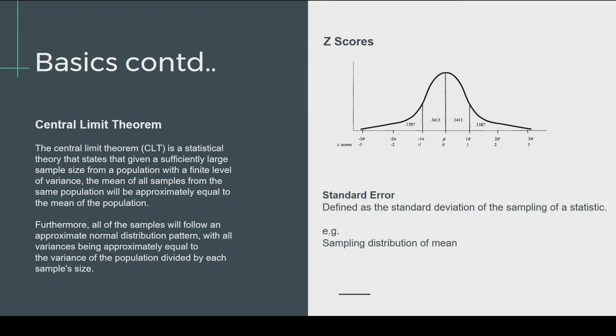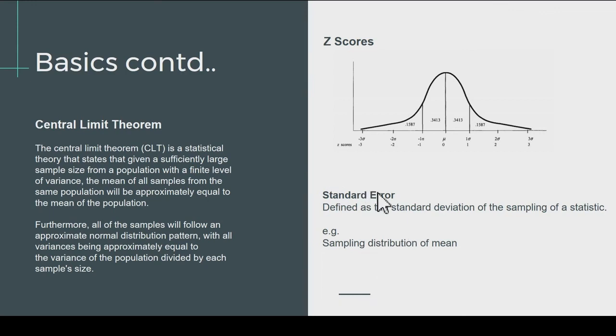You would normally use mean as the most common thing. You'll also use some other statistical measure in some cases, but most probably you stick with mean. That's why it is the sampling distribution of the mean, because several samples are taken to calculate the mean, and then you have a distribution of the means of those samples.